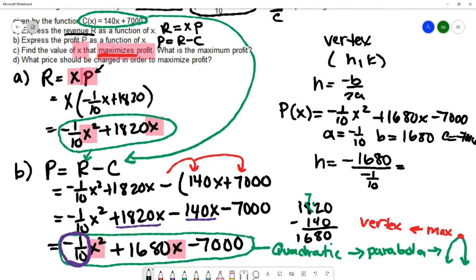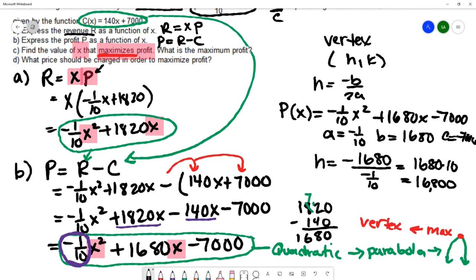Negative and negative become a positive. I'm also going to multiply by the reciprocal. So that's 1,680 times 10, which is 16,800. So the maximum profit will occur when we sell 16,800 units.